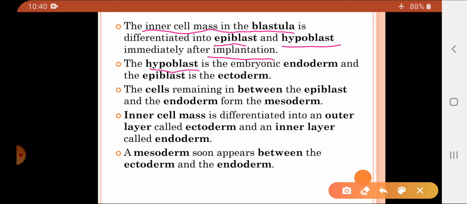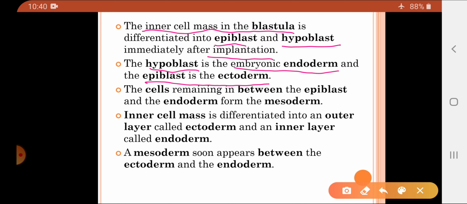Basically the hypoblast is the embryonic endoderm, and the epiblast is the embryonic ectoderm. Endo means inner layer, and ecto means outer layer. So epiblast, epi meaning above, gives the ectoderm, and hypo, meaning below, results in the formation of endoderm.